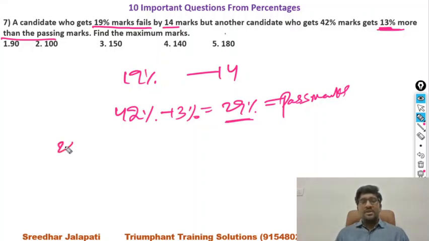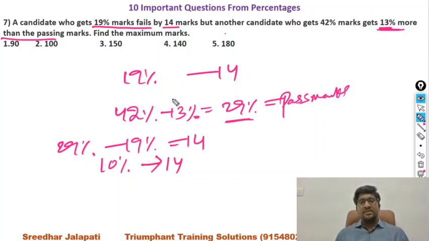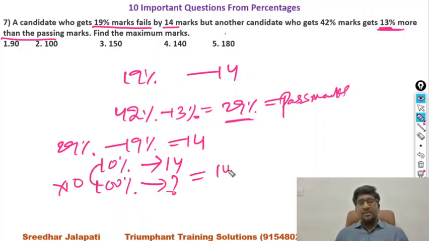So when the pass mark is 29%, this candidate got only 19%. Because of this he failed by 14. That means the 10% difference is 14 marks. Then you are asked to find maximum marks, that is 100% equal to how much? This is 10 times. You will get it as 14 into 10, 140. So the maximum marks is 140.